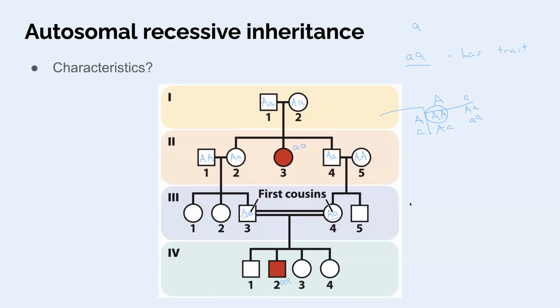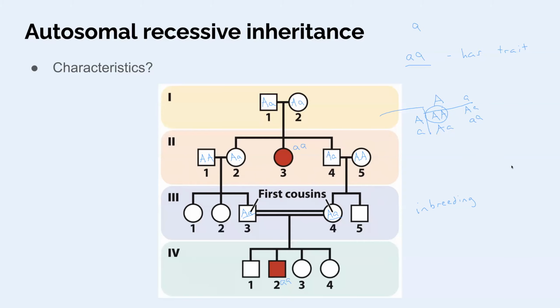And one thing that's shown on this diagram is, you don't have to know this symbology for matings between first cousins, but what it does show you is one of the negative effects of inbreeding. So you might have heard about inbreeding, you might have just realized that it's generally a bad thing. We talk about it in negative terms.